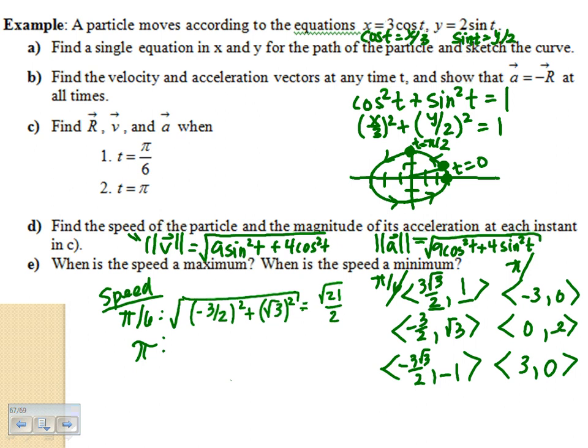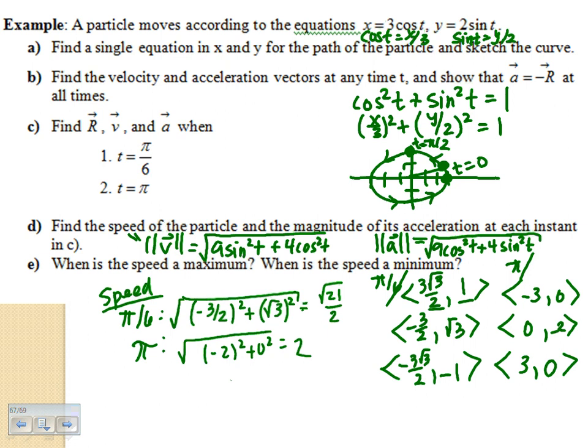All right. So then at pi, what's the speed at pi? Which is bigger, the speed at pi over 6 or the speed at pi?